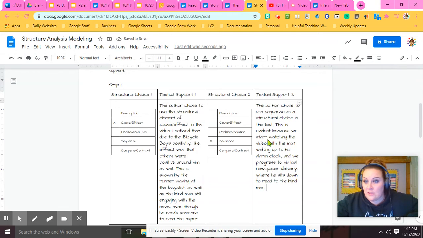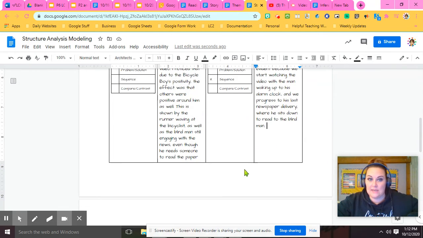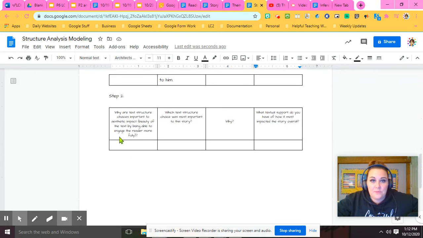Okay, so that was another structural choice, right? Sequencing.